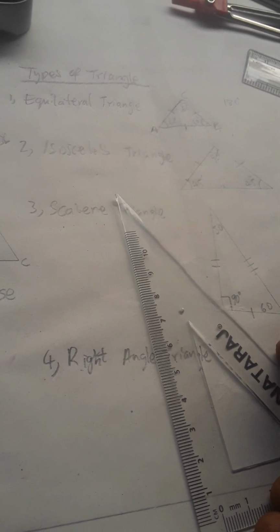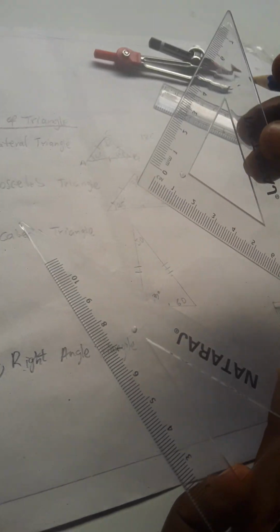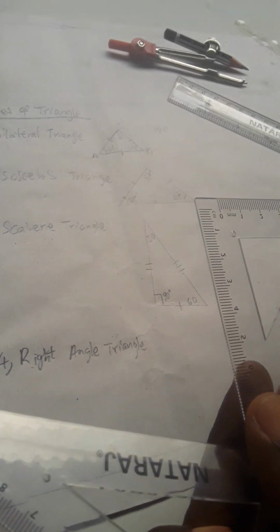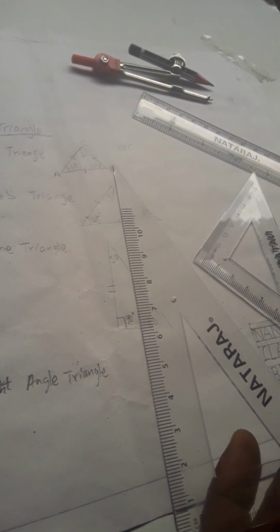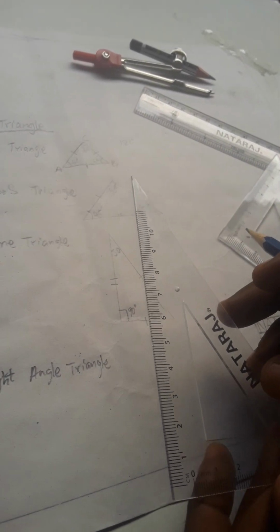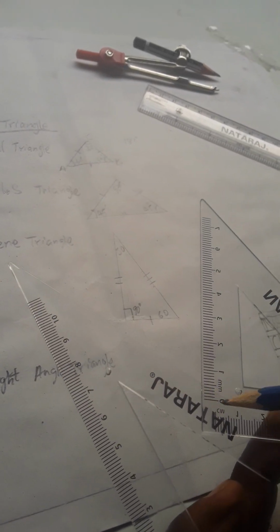This is a good example. The two set squares you see are both right angle triangles. But remember we said that this is isosceles because the two sides are equal. That does not mean that this is not equal to this. This is also a Scalene triangle. Now when you look at this triangle, what makes it a right angle triangle? Because one of the angles here is 90 degrees.